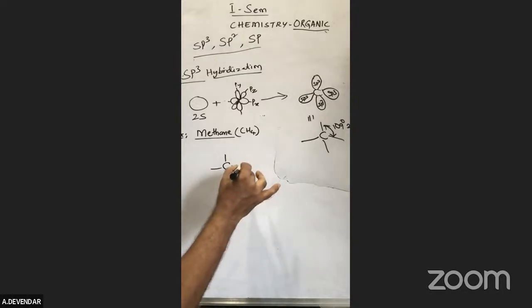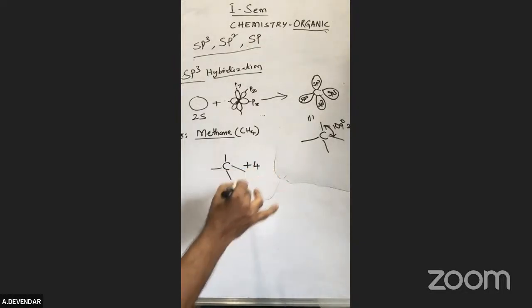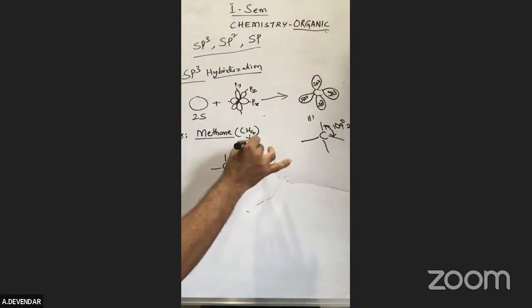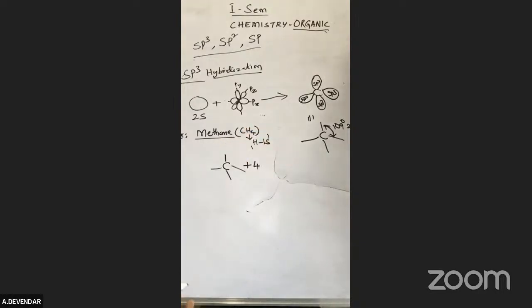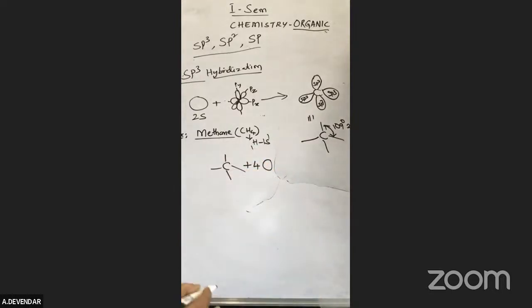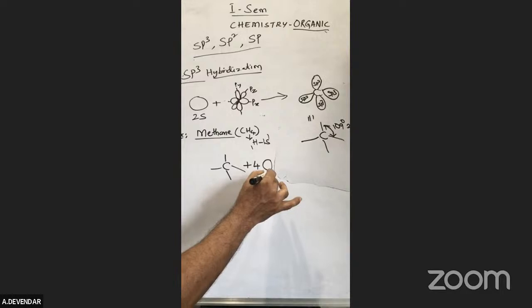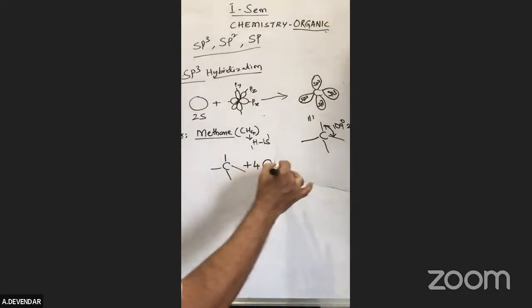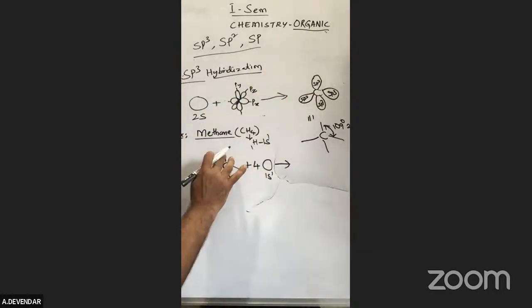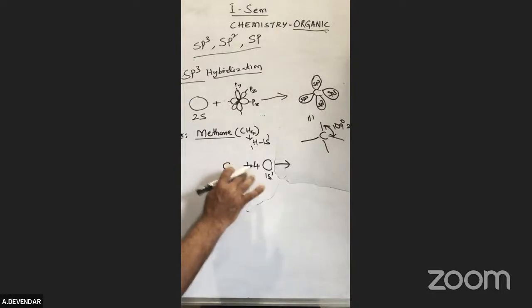Now I'm taking 4 spherical shaped s orbitals. Why 4? Because each H is nothing but 1s1, a spherical shaped H orbital. So 4 are taken, each 1s1, and they mix. I'm taking this particular representation, not the bond one, because it looks nice.